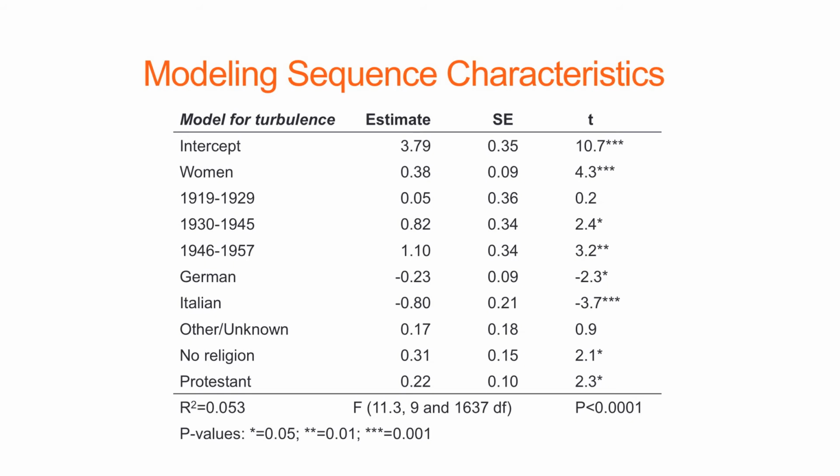Women have slightly higher turbulence. Those who interviewed in German and Italian versus French had slightly lower turbulence. Those who were born later had higher turbulence. And those with no stated religion or Protestants had higher turbulence than Catholics.